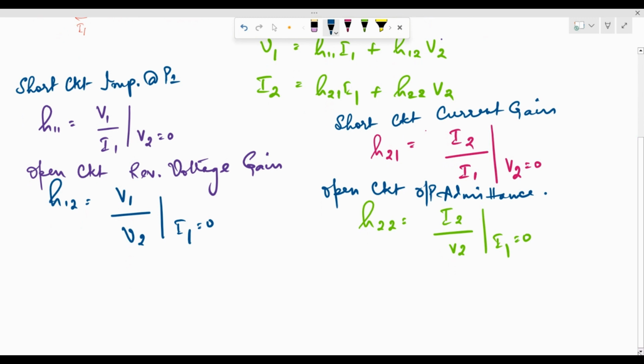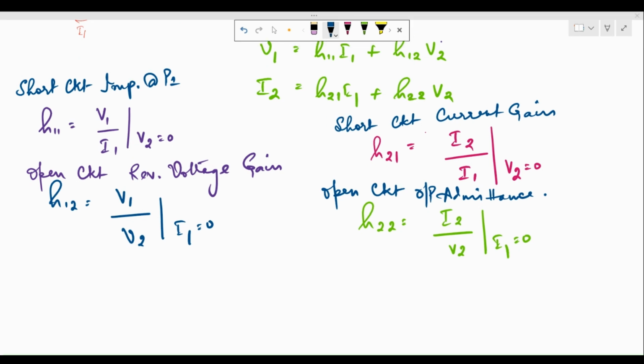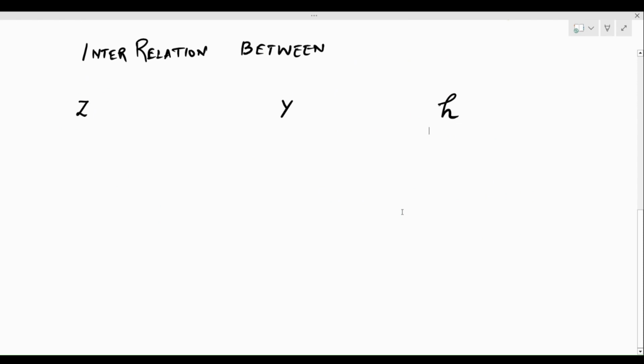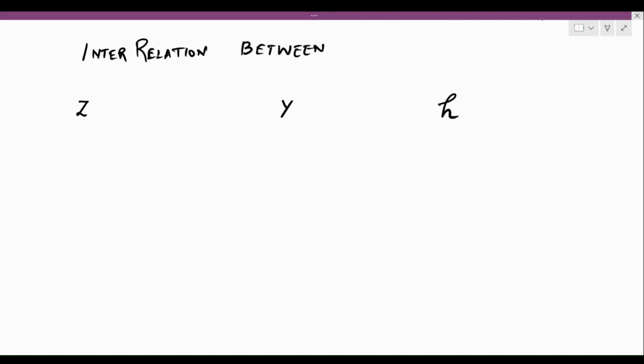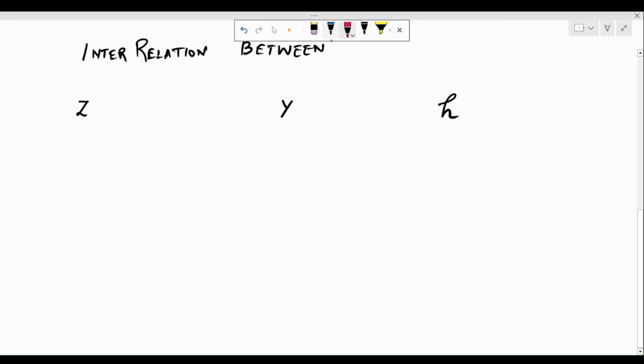Let us now look at the relationship between the H parameter, the Z parameter, and the Y parameter. So now we'll write out the Z parameter in terms of the H parameters first. So here Z11, Z12, Z21, and Z22.